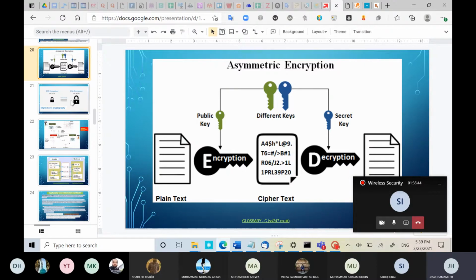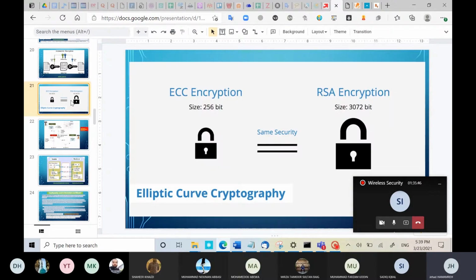ECC, RSA, and DSA are all encryption methods that can be listed under the asymmetric encryption approach. ECC stands for elliptic curve cryptography. RSA stands for the names of the inventors of the method. Each one of them can have different keys with different lengths and different security levels.